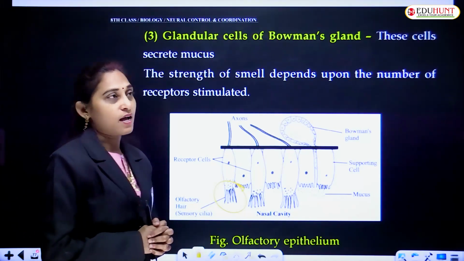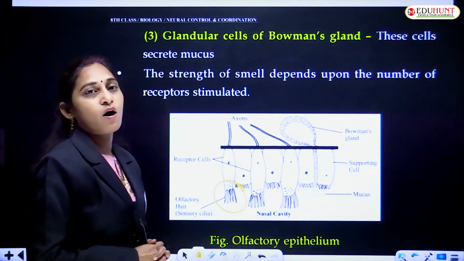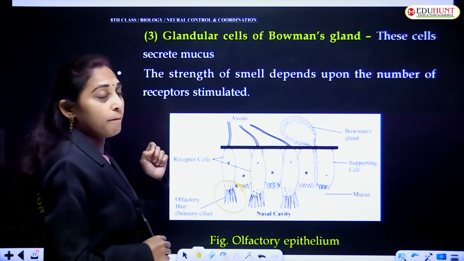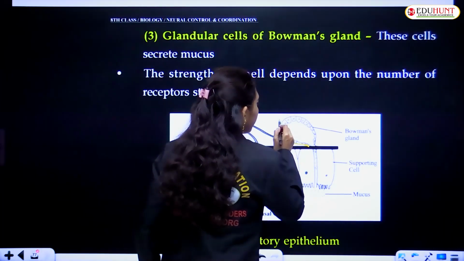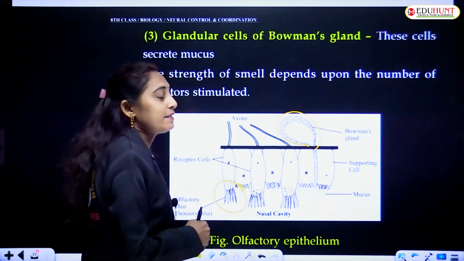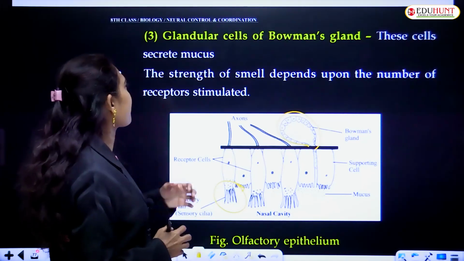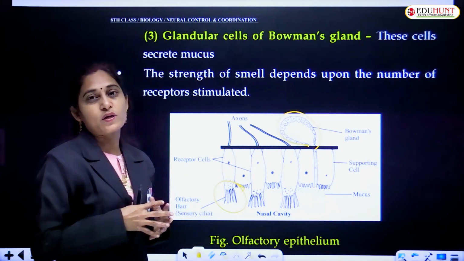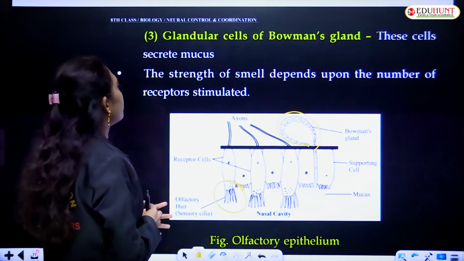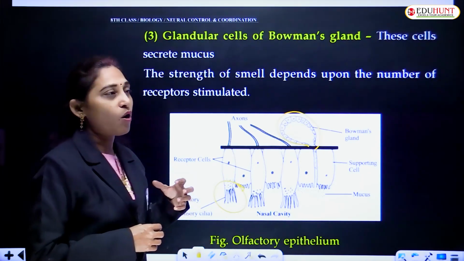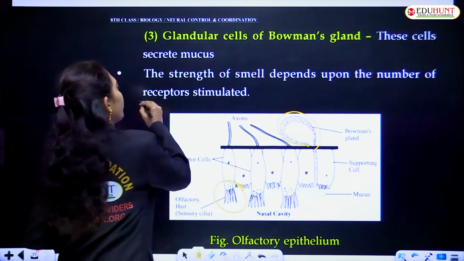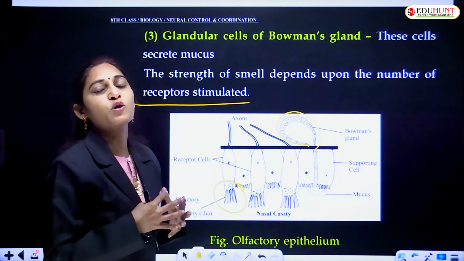Third type of cells are glandular cells or Bowman's gland. Bowman's gland is like this. It is like a sac. And in this, the glandular cells are present. They secrete mucus.